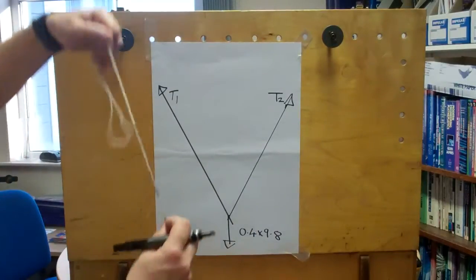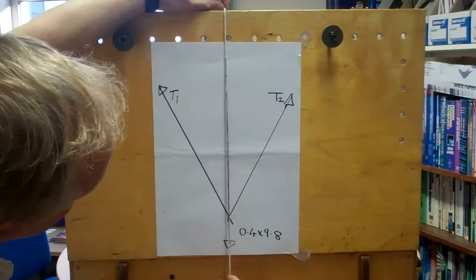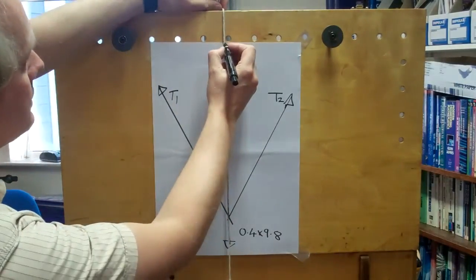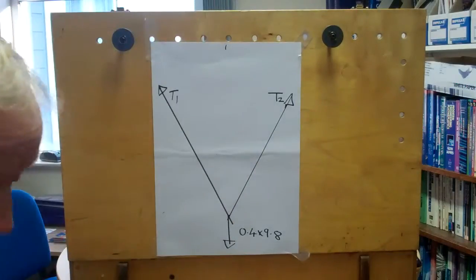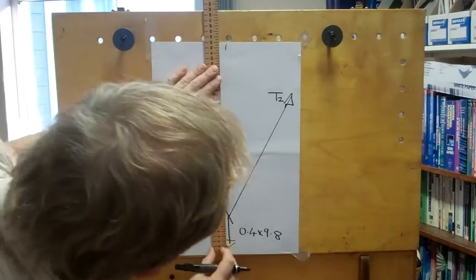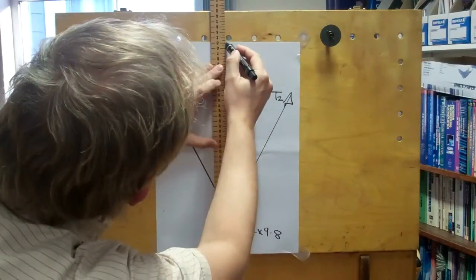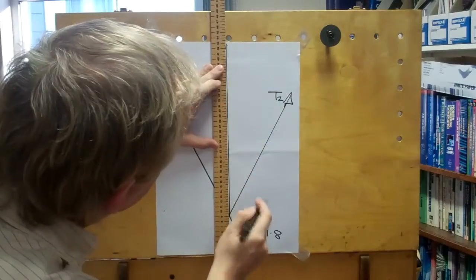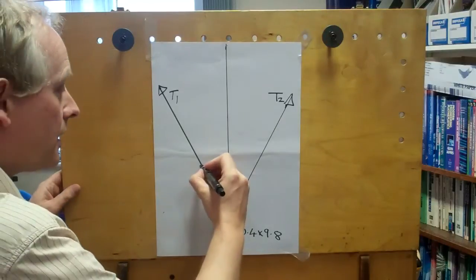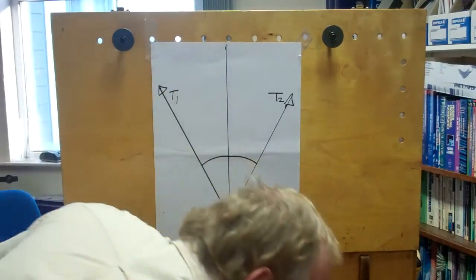Now with a bit of help from a plumb line, we can introduce a vertical into our diagram, and then we can measure two angles. So here goes the vertical, and then with the protractor I can measure this angle and this angle here.